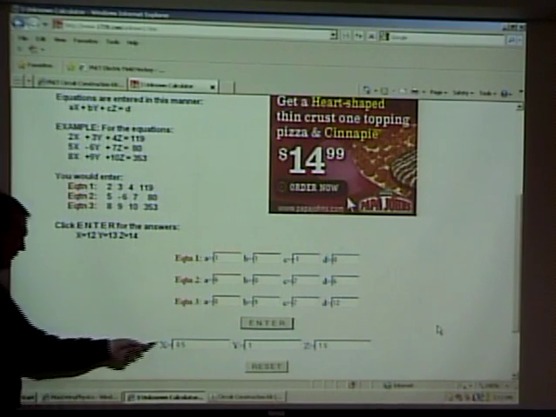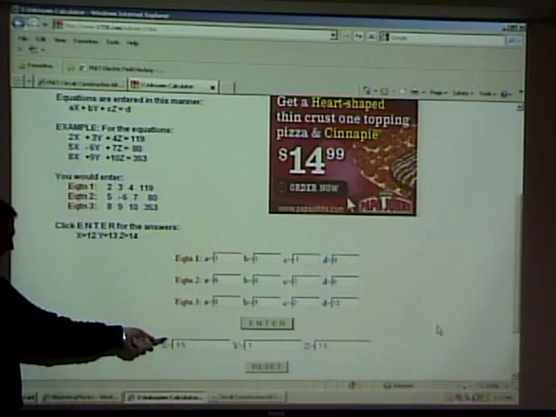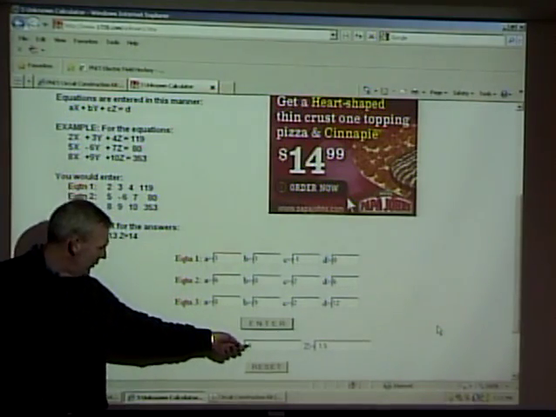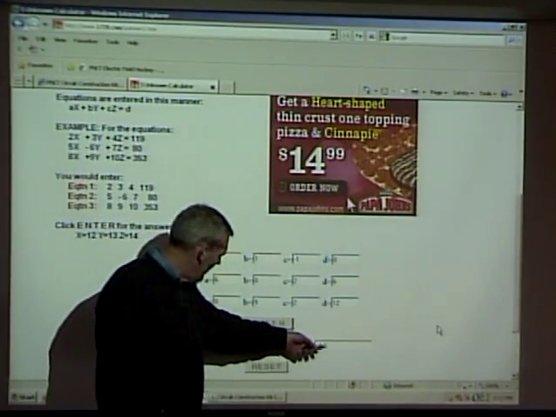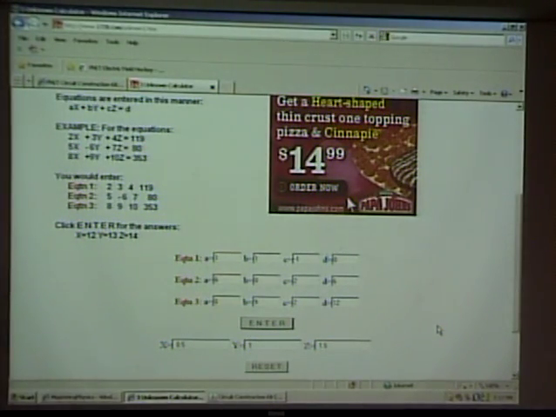The current through I1, and I think your book says this, is 0.5 amps. The current through I2 is 1 amp. And the I3 current is 1.5 amps. Okay? So, we did it.